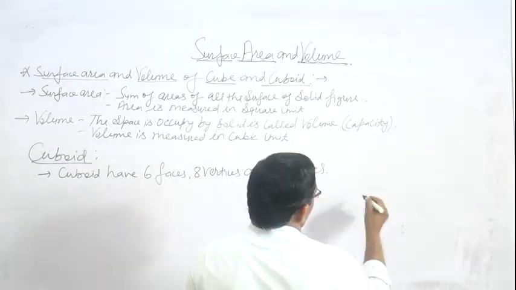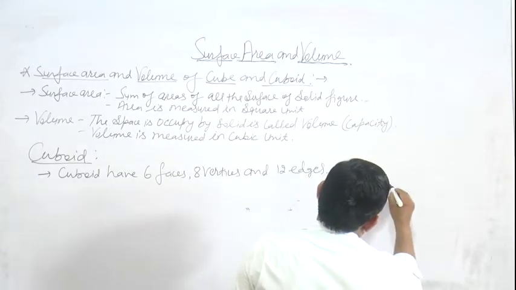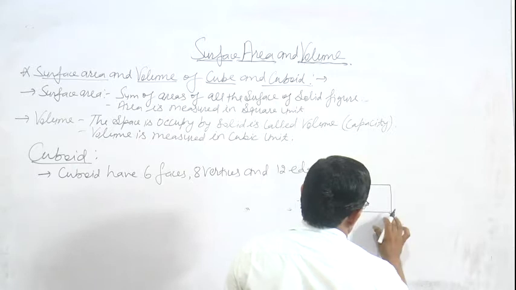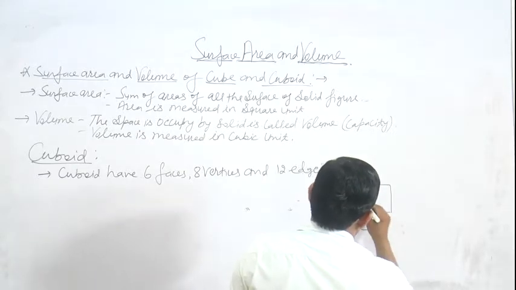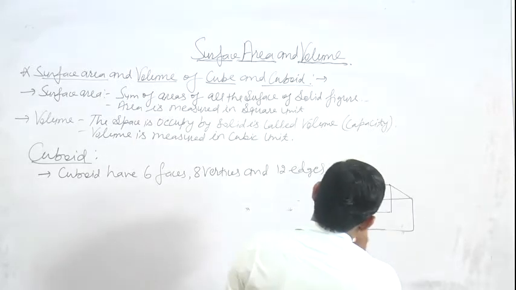If we draw the diagram of a cuboid, then we draw 2 rectangular shapes, then join the vertices.